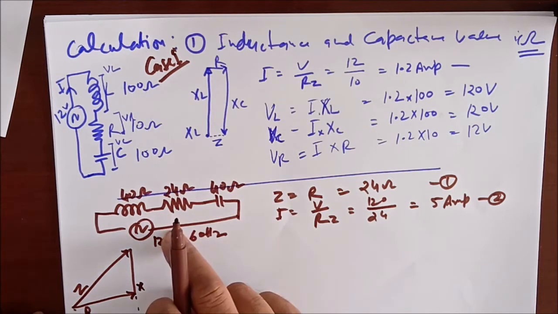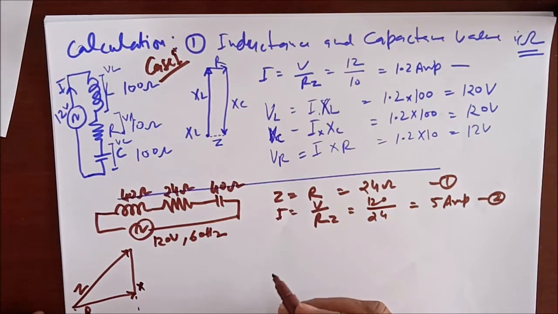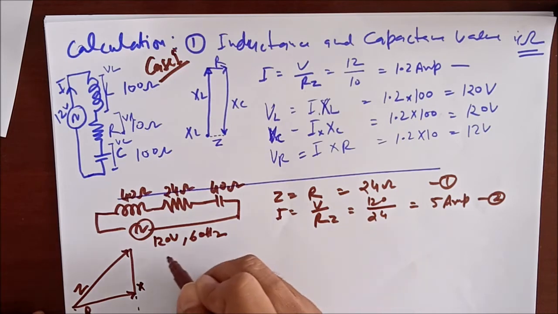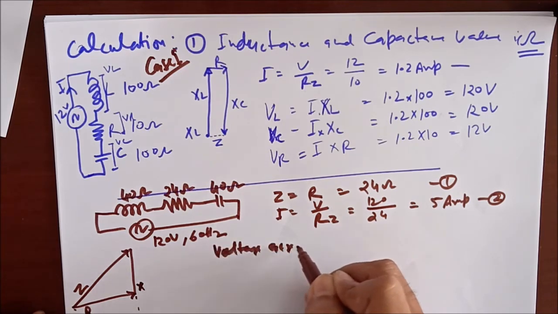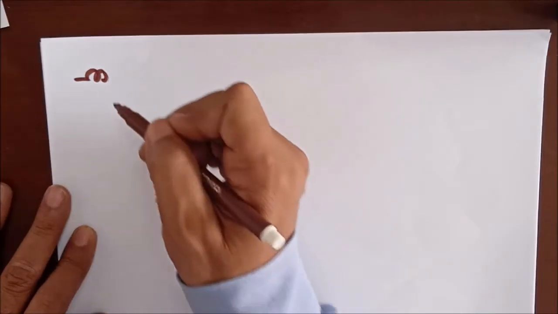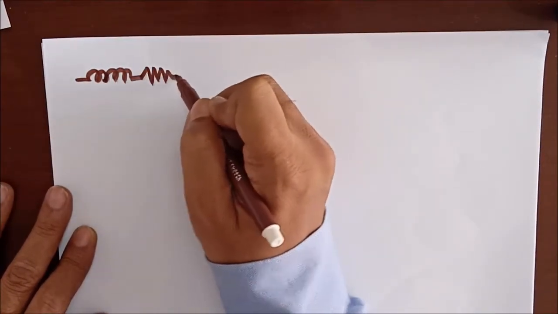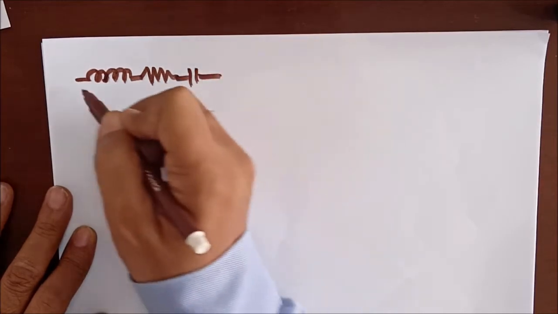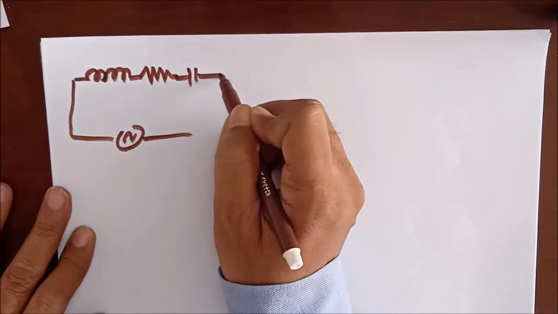In this case, first what I need, same way, values, voltage across L, inductance. Drawing the diagram again for brief and detailed numerical. It is very much important for you.